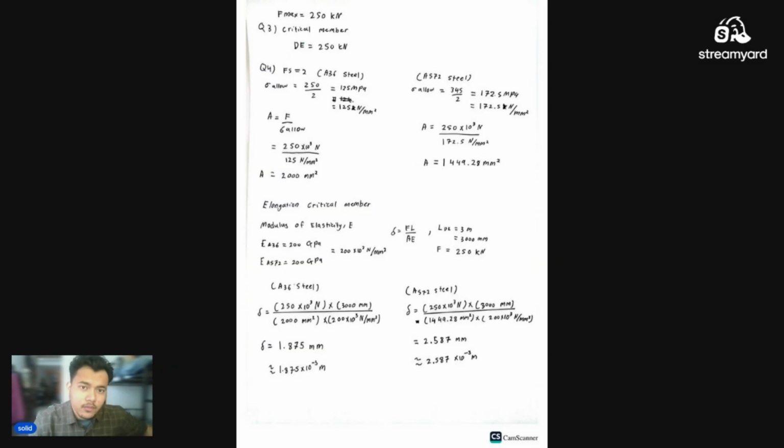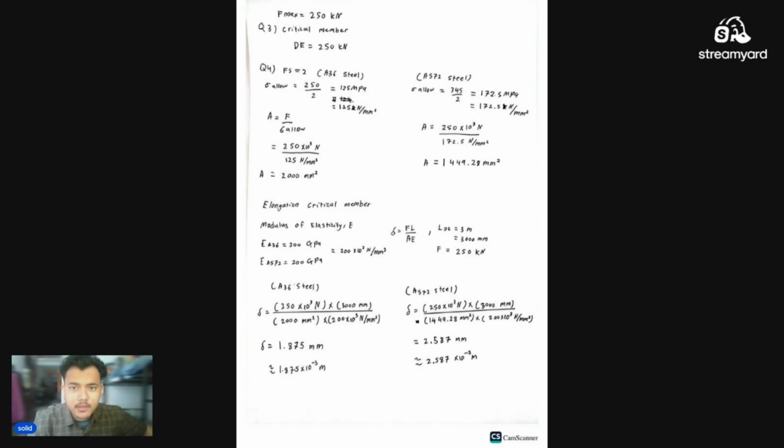So for A36 steel, the area is equal to force Fmax divided by allowable stress, and then we input Fmax, 250 times 10 to the power of 3 Newton, divided by 125. Then we get the area for A36 steel equal to 2000 mm square.